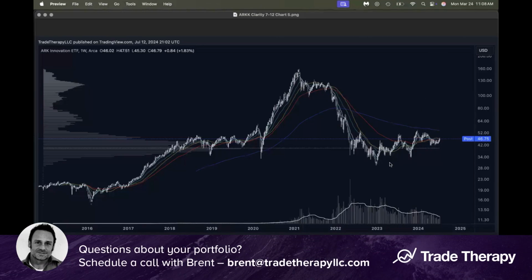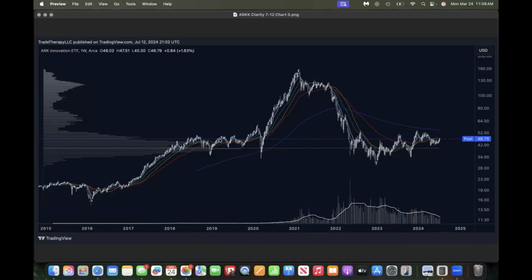We started talking about the expectations for this, what we could see was an extremely large institutional base that had been built within ARKK at the previous run's reaccumulation level.